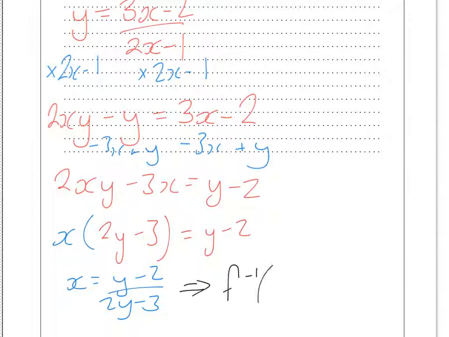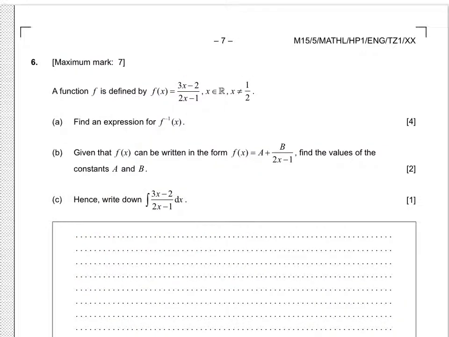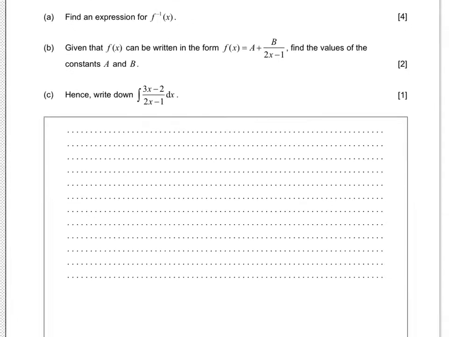which means that f inverse of x, we're going to swap around the x's and the y's, because we refer to everything in terms of x, and we're asked for f inverse of x. So there is f inverse of x. Run out of space there, so I'm going to do part B here on a clean one.